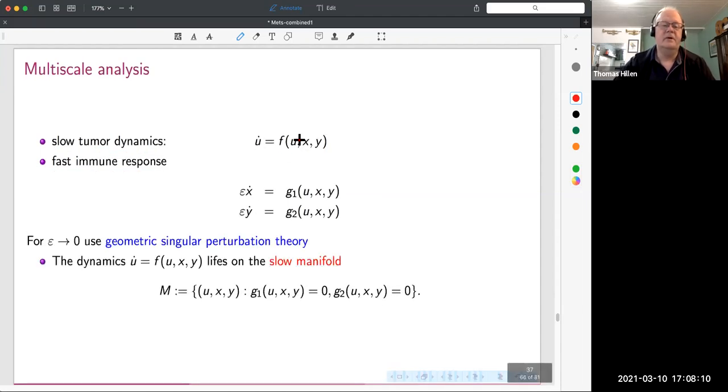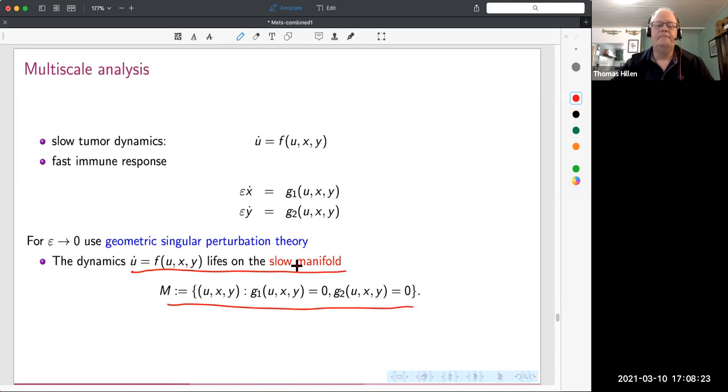And then we can do a singular perturbation analysis, and we can show that the dynamics reduces to a slow manifold. And the slow manifold is given here. And the slow manifold is G1 is 0 and G2 is 0 in a 3-dimensional phase plane. So this means G1 is 0 is a plane, and G2 is 0 is a plane.